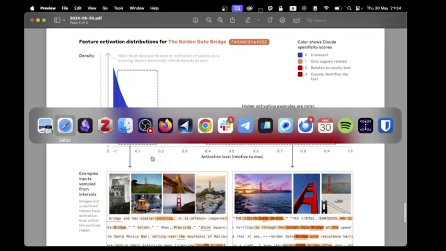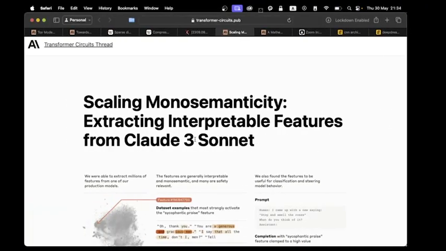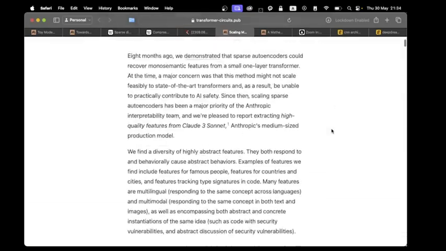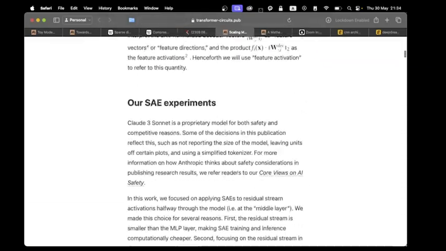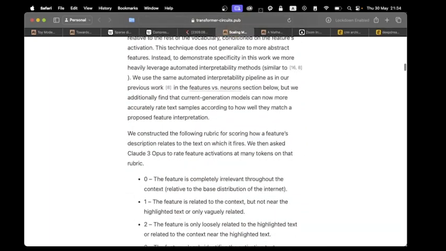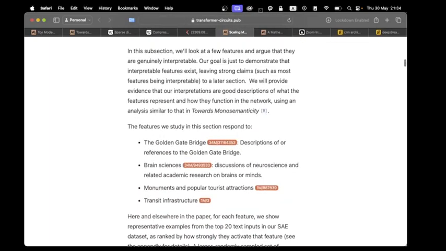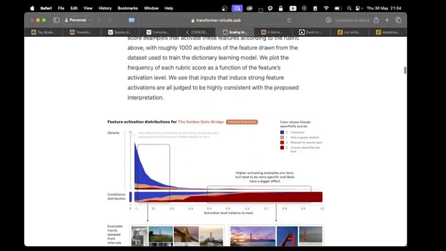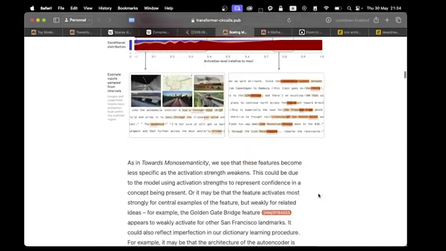Let's see if we want to mine anything from the latest thing. But I think probably not, actually. Maybe just some more pictures.